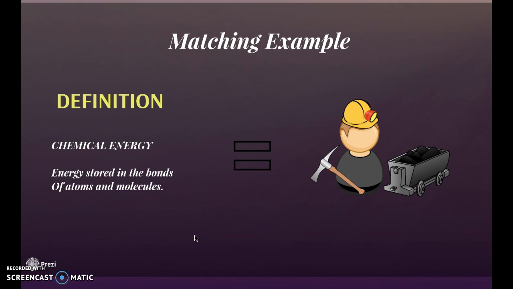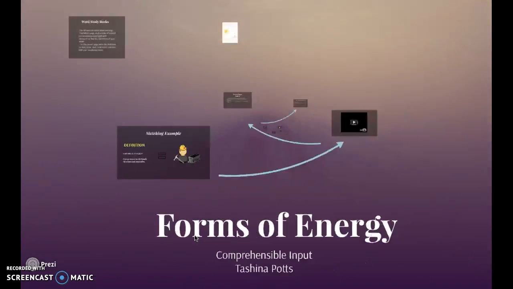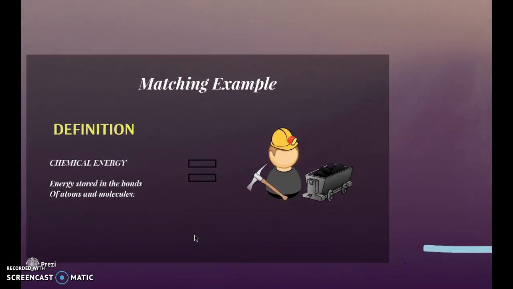Does anyone know what picture goes with this one? And then wait and see if anyone raises their hand. And if a whole lot of them are raising their hand, pick one. If it's wrong, keep going until you get the correct answer. Someone says the coal miner. Great, awesome. You're going to make sure you get positive feedback, hold that little index card up showing that that's the coal miner, and then go ahead and clip those to the board so the students have an example to work on.